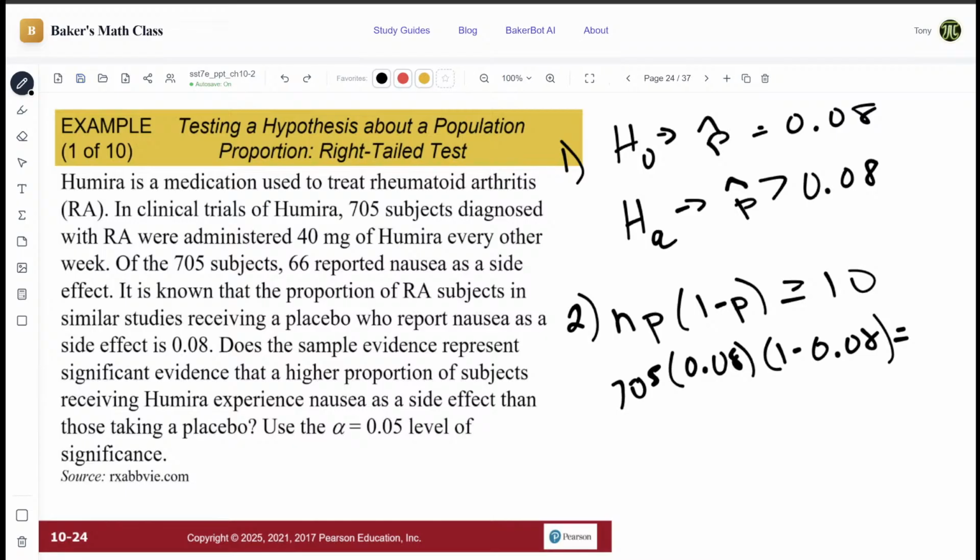So we got 51.8. So 52. So that's definitely greater than or equal to 10. So we're good.